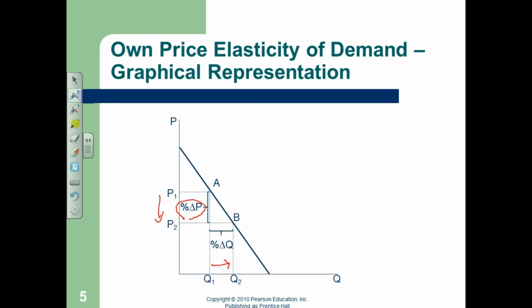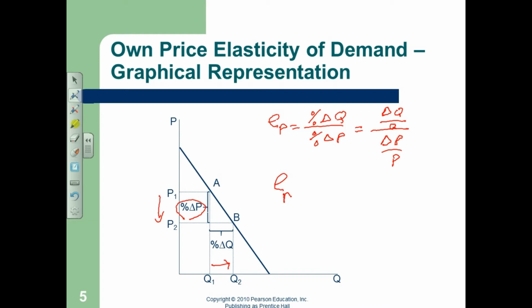I think I need to go back and do it here. So we say the price elasticity is equal to percentage change in quantity divided by percentage change in price. How do you figure out the percentage change in quantity? Well, that is change in quantity over quantity divided by change in price over price.